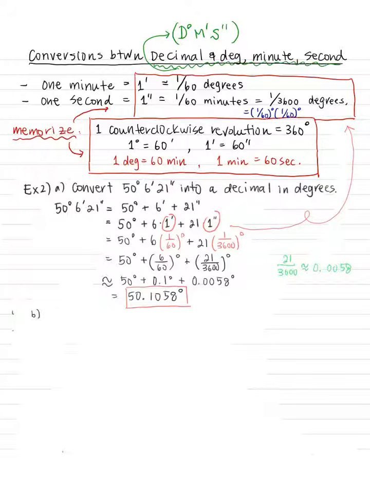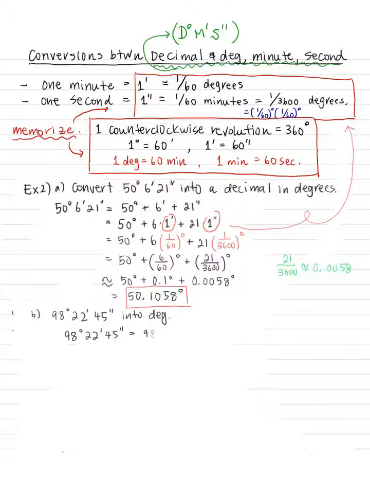All right, so next, let's convert, let me see, how about 98 degrees, 22 minutes, and 45 seconds into degrees. All right, so let's do the same thing. First I'm going to write it out as 98 degrees, 22 minutes, 45 seconds, and I'm going to separate this.